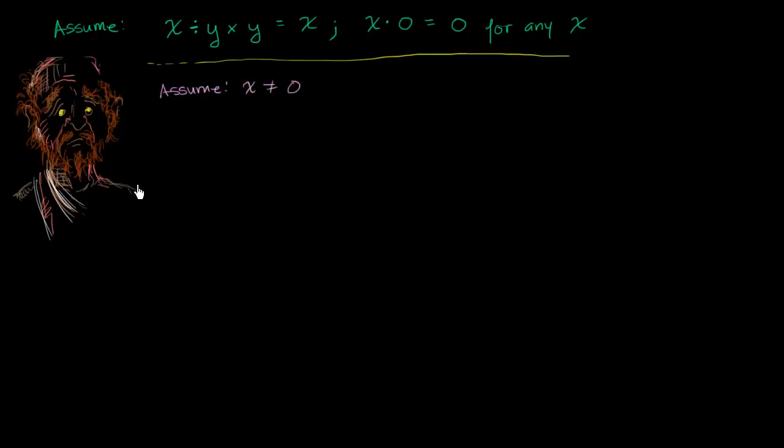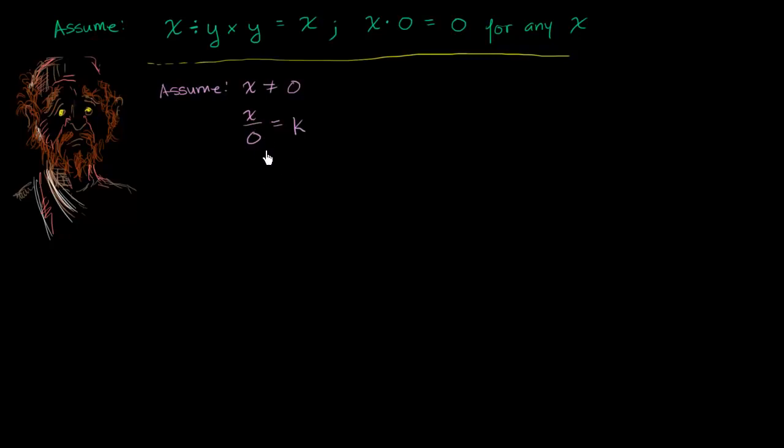And let's say, well, maybe the best way of finding out what x divided by 0 should be, how I should define it, is to just assume that it's defined and then come up with any results that I might, or maybe I'll even be able to solve for it. So let's say that x divided by 0 is equal to, I'll use a different letter to not get confused with the one up here, let's say that it is equal to k.